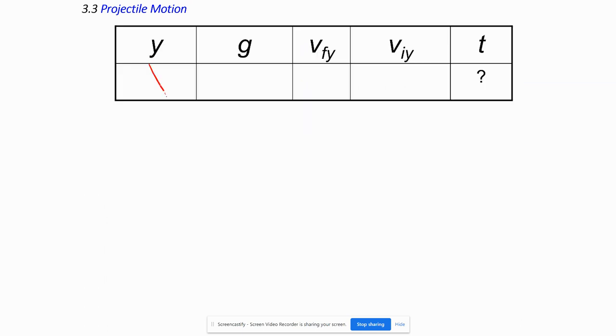So I'm not going to use my Y here. I'm going to use g as 9.8. VFY is negative 14.1413, VIY is positive 14.1413, and we don't know t.